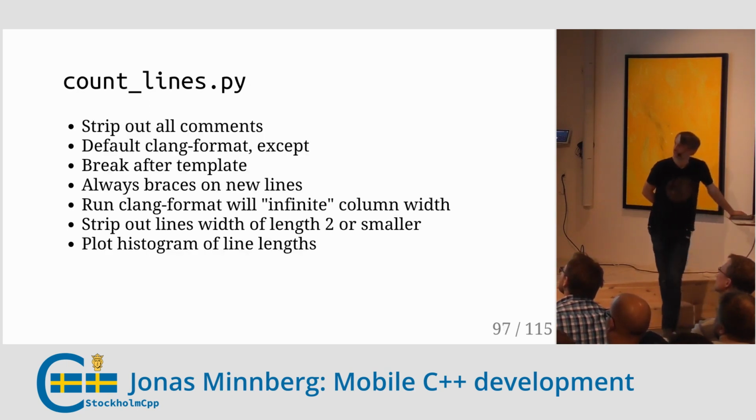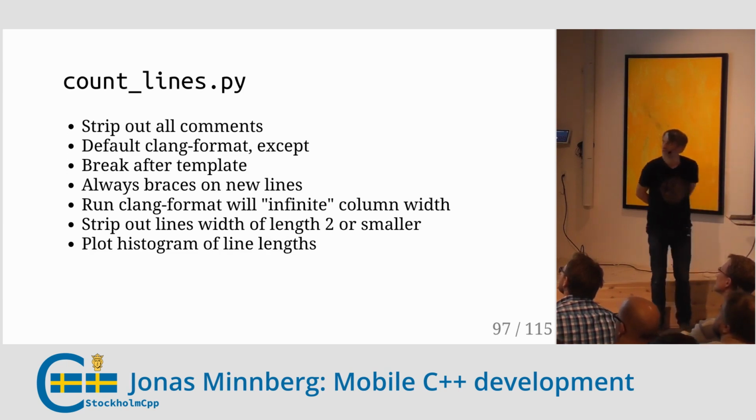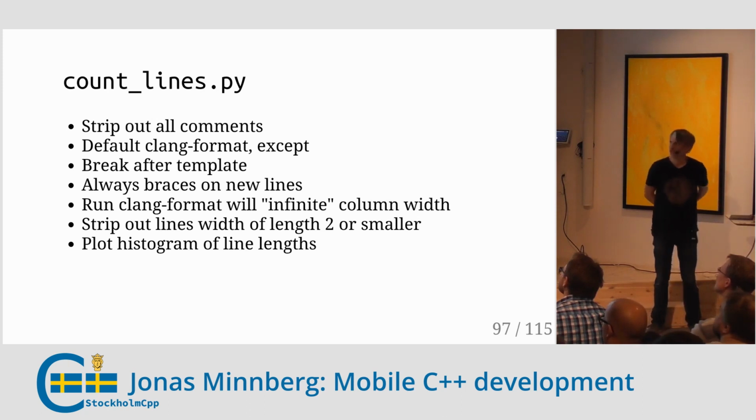The idea here was that you take C++ code, strip away all the comments, and do the logical breaks. You break after template, curly braces on their own lines, but then you strip away all the curly braces. So what you end up with is C++ source with only C++ constructs that are things that you either break or don't break.